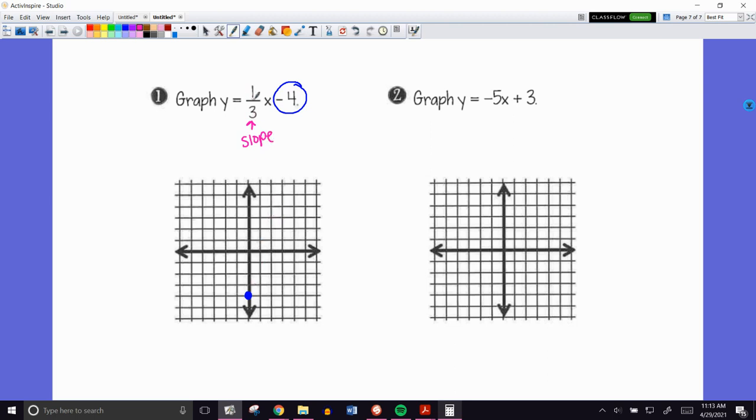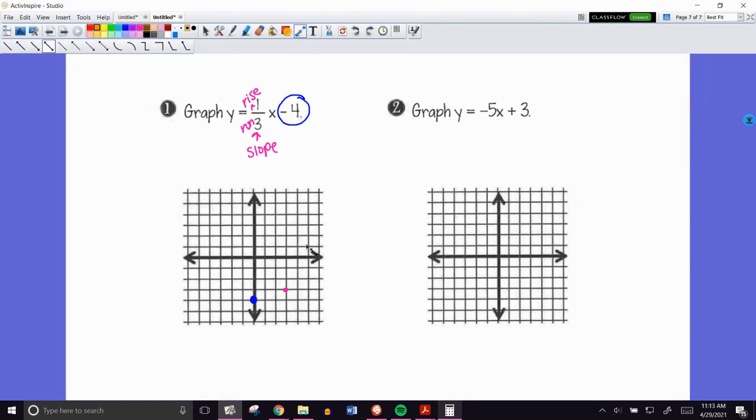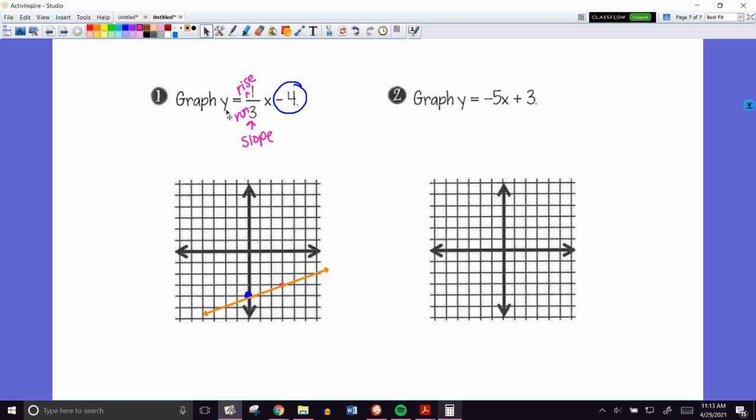So my slope is 1 as my rise and 3 as my run. 1 is a positive, so I'm going to go up. And 3 is a positive, so I'm going to go to the right. 1, 2, 3. Okay. So now I actually need to make this a line. So I will connect my dots. There we go. So I'm going to let you try example number 2 and see if you can get yours to look like mine.